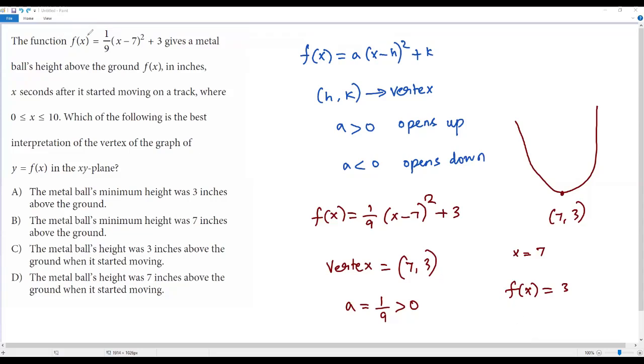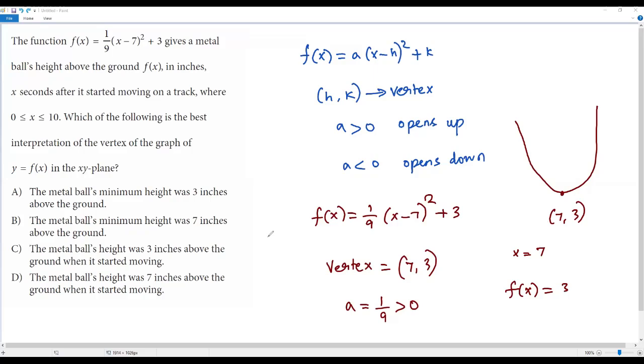Already we know that f of x represents the metal ball's height, and x represents the time in seconds after it starts moving on a track. That is, when the time is 7 seconds, the metal ball's height is 3 inches. And since this is a minimum point, this 3 represents the minimum height of the metal ball.